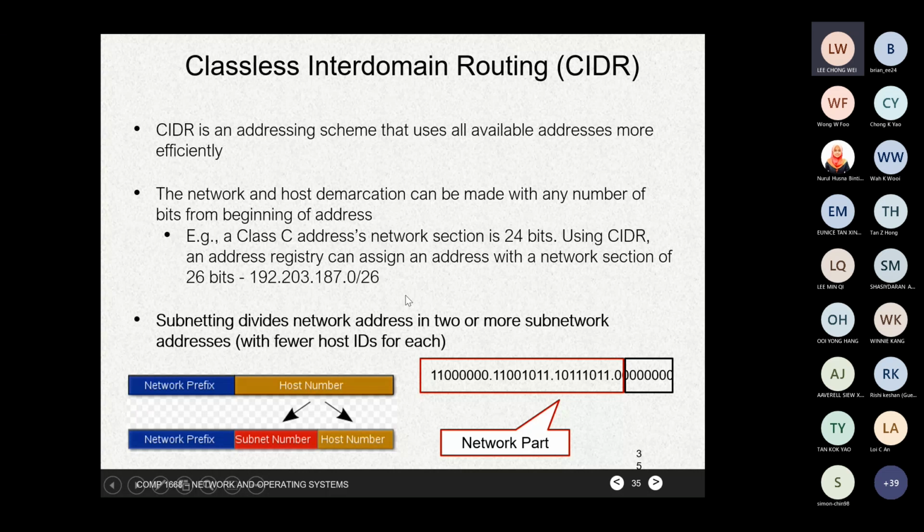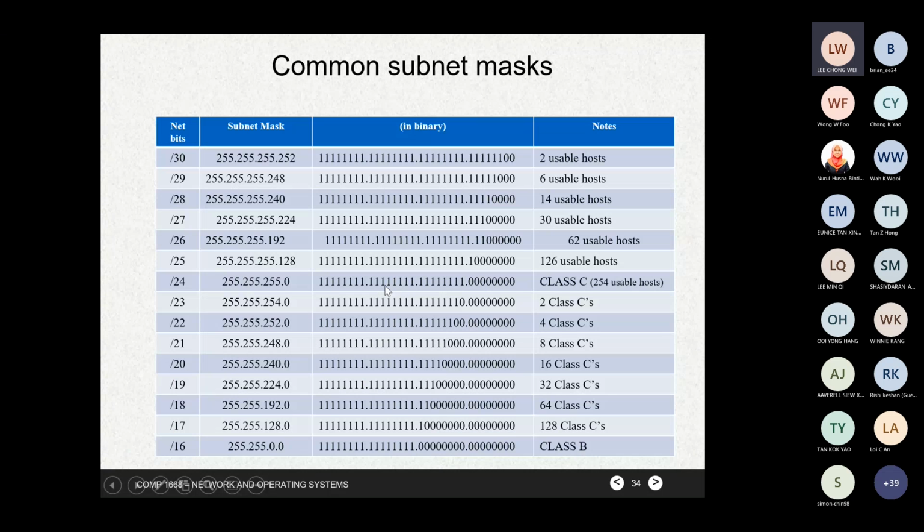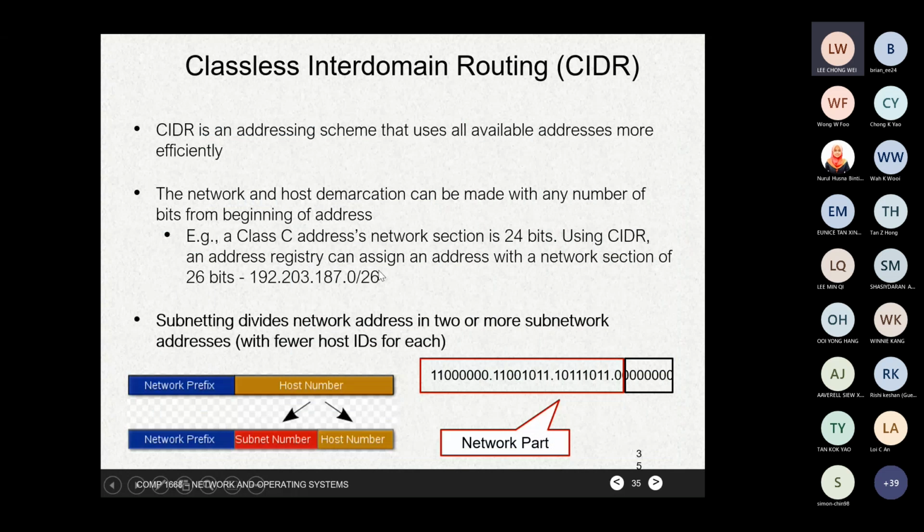This /26 is the subnet mask 255.255.255.192. They wanted maybe up to 60 usable hosts, so they put /26. The more hosts you need, you have to reduce these numbers, meaning you give more hosts to the network.